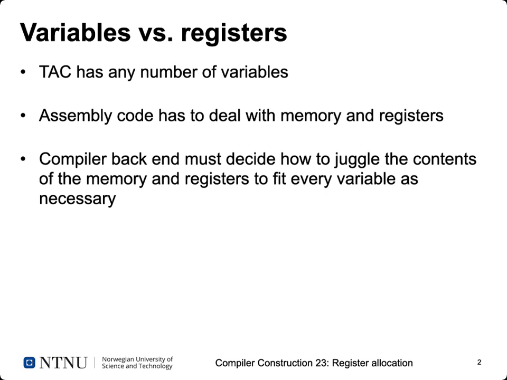But the problem is, if you have more variables than registers, you need to decide which of these variables you actually keep in registers, which others you don't, and when a register can actually be reused for a different variable.